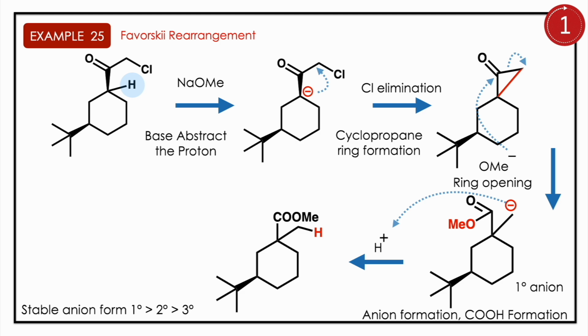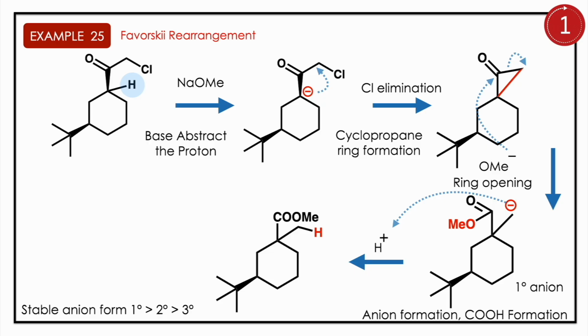Because it is a strained system. So methoxide attacks, nucleophilic addition happens which opens the ring. The ring opens in such a way as to form the stable anion, because a primary anion is more stable than a tertiary one. The primary anion is formed, and it is quenched with H plus. So in the final product you have an ester.